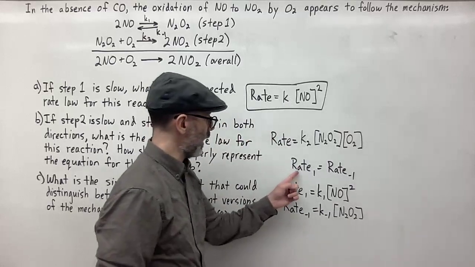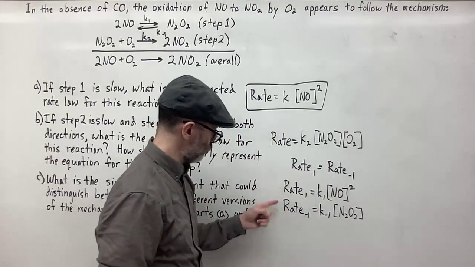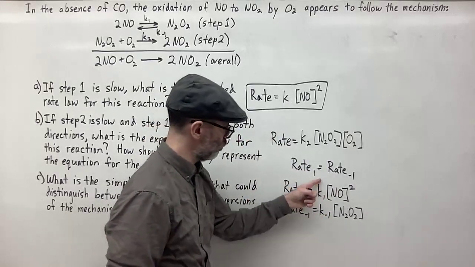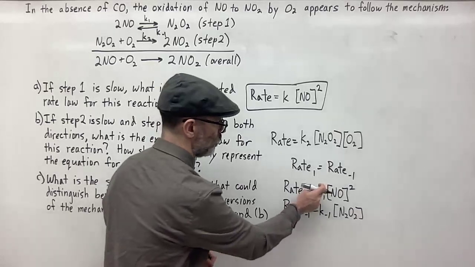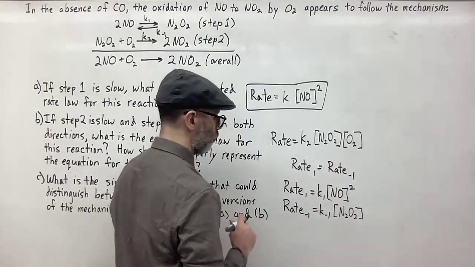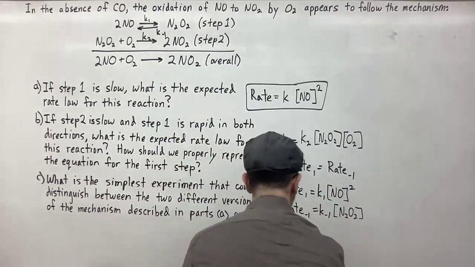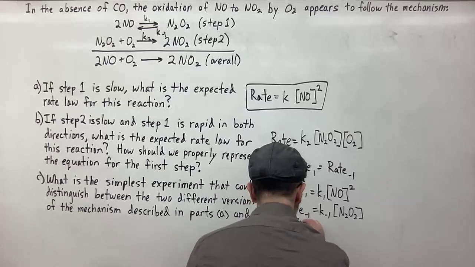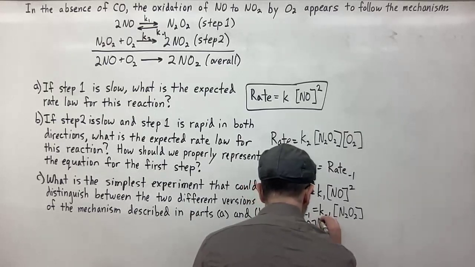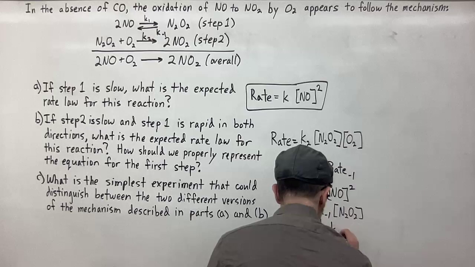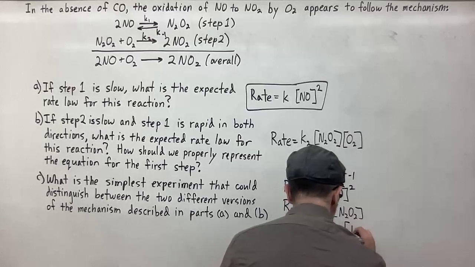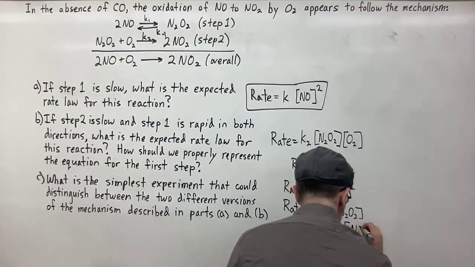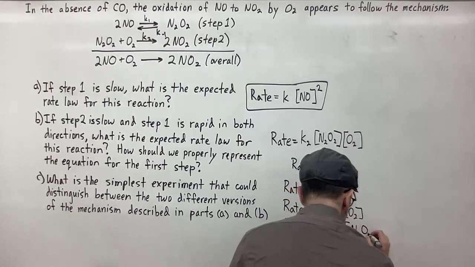And since the rates are equal to each other, we can substitute these in for the rates. So that means that K1 times NO to the second power is equal to K minus 1 times N2O2.